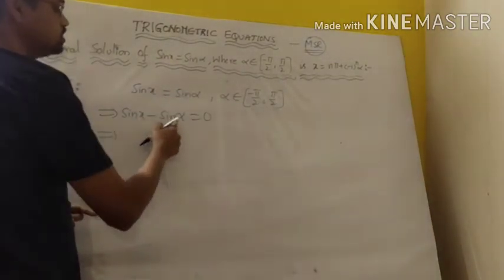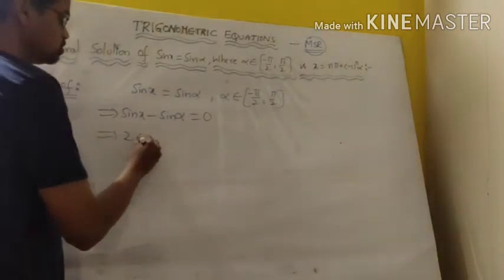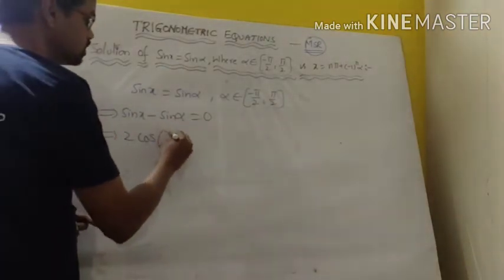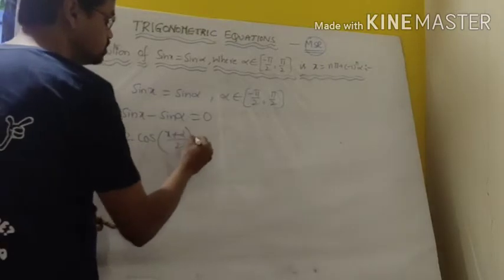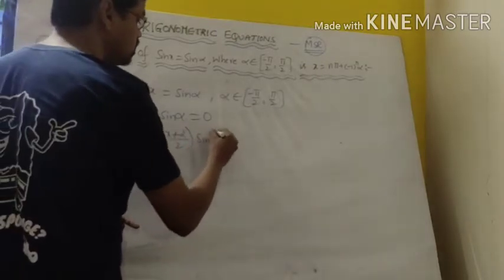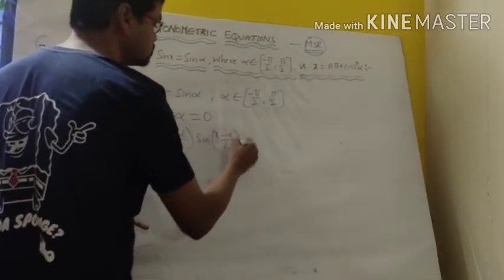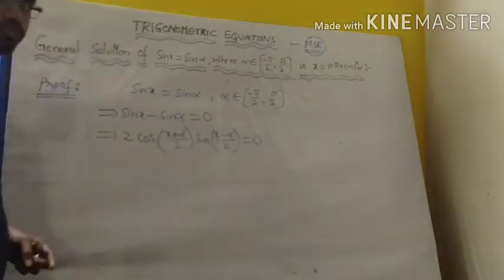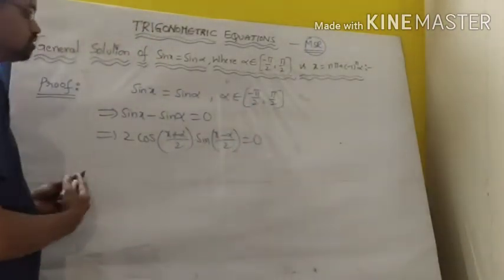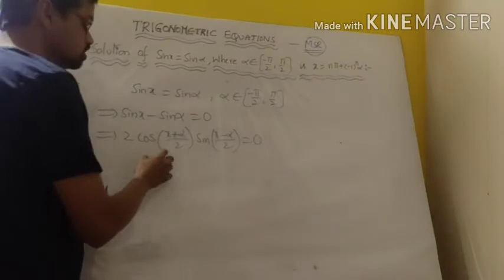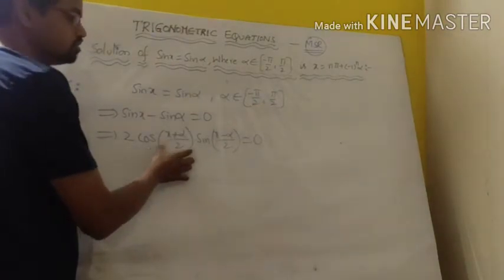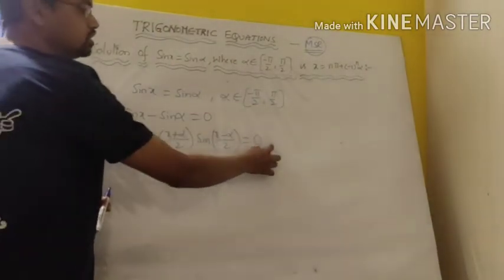If we apply sin c minus sin d, that is 2 cos of c plus d by 2, that is x plus alpha by 2, into sin of c minus d by 2, that is x minus alpha by 2, equals 0. So it becomes cos of x plus alpha by 2 into sin of x minus alpha by 2 equals 0.